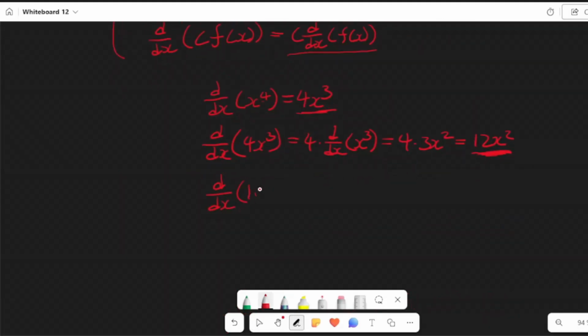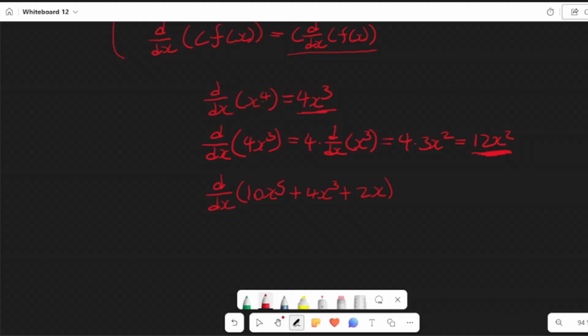If you manage to solve this, then I am pretty sure that you have gotten the hang of this entirely. So let's say we have 10x to the power 5, minus 4x cubed plus 2x. Let's say we have this derivative and we want to solve it.